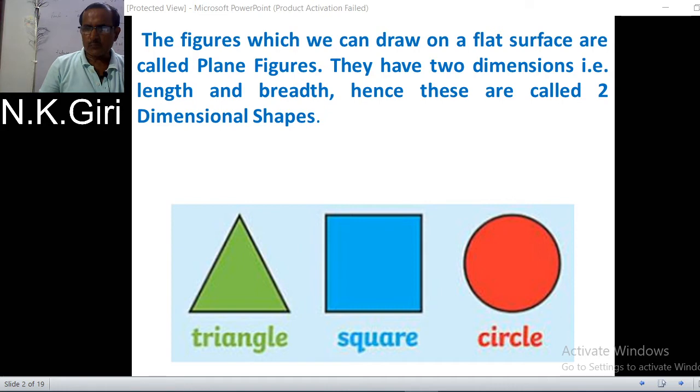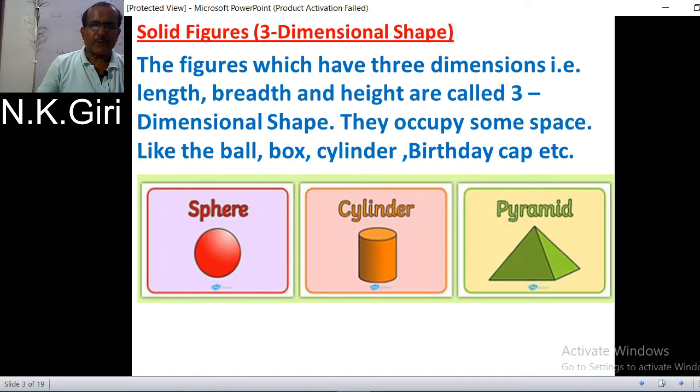Now we have to come to the next, solid figures, three-dimensional figures. Three-dimensional means length, breadth, height.